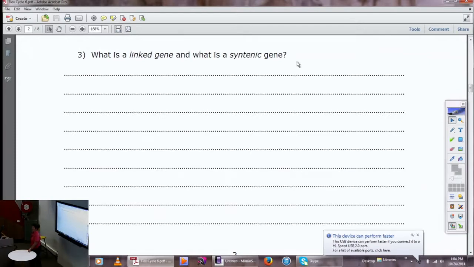But if, for example, you in this second row here, where there's a whole bunch of you, if you all represented a gene each, the first gene is linked to the second gene, which is linked to the third gene. But while each one is linked to the one that precedes it and follows it, the one at the end is not linked to the one at the start, because there are so many opportunities for crossing over to occur. The rates of recombination there would be equal to 50%.